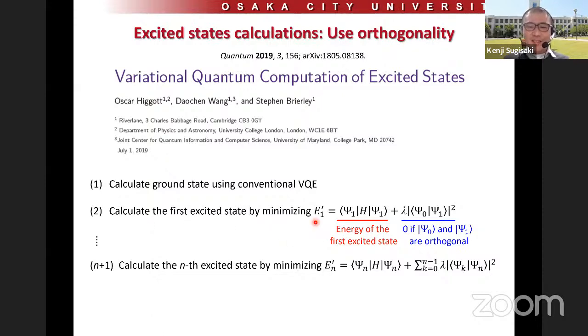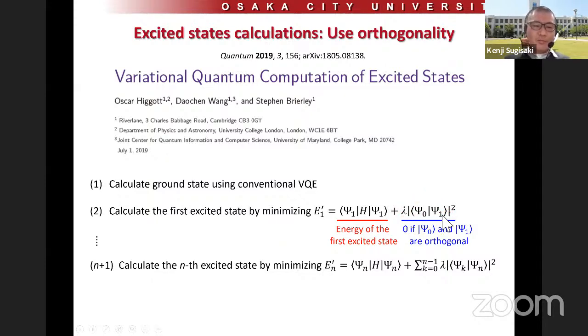And then, in order to calculate the first excited state, we optimize or minimize this E1', which is the energy of the first excited state plus the overlap between psi0 and psi1. So if the excited wave function is orthogonal to the ground state, this term becomes 0.